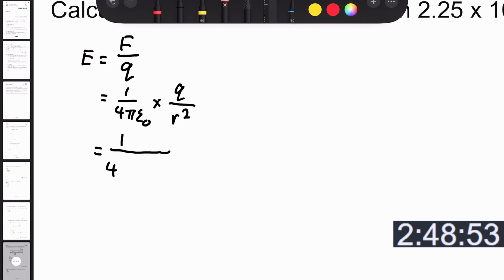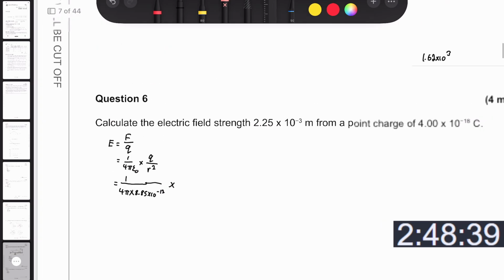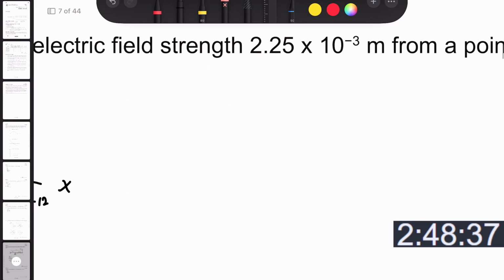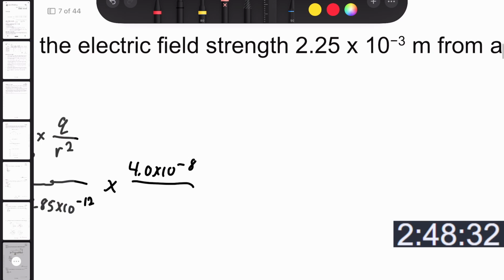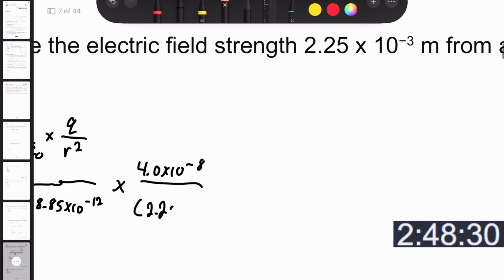So 1/4 pi times 8.85 times 10 to the negative 12 times Q, which is 4.0 times 10 to the negative 18, and then this is 2.25 times 10 to the negative 3 squared.